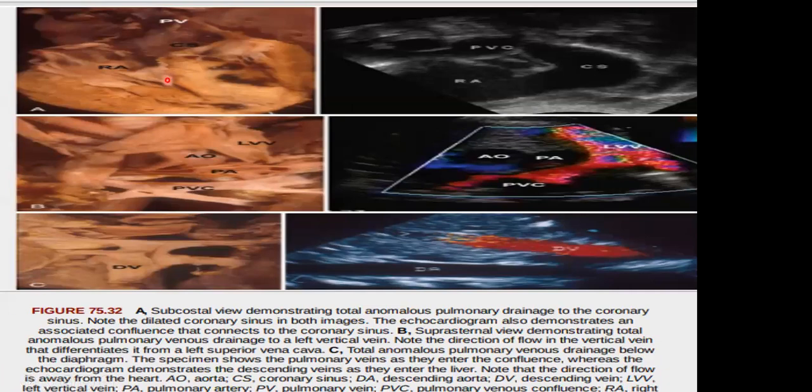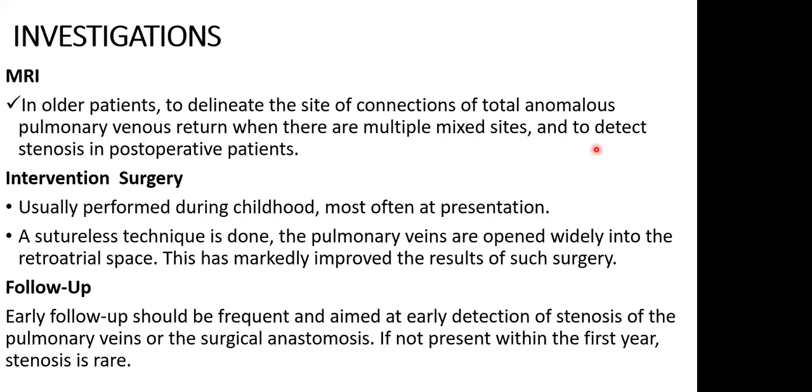If you look very well, the right atrium looks enlarged here, and this is the color Doppler. If you look very well, the vein is actually draining into the right atrium here. So basically, that is what it looks like on the echocardiographic picture. Then MRI will actually delineate the site of connection of these TAPVCs.